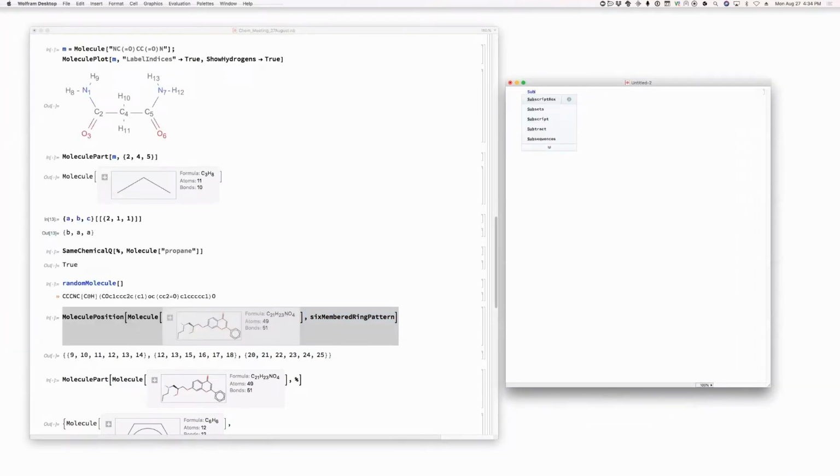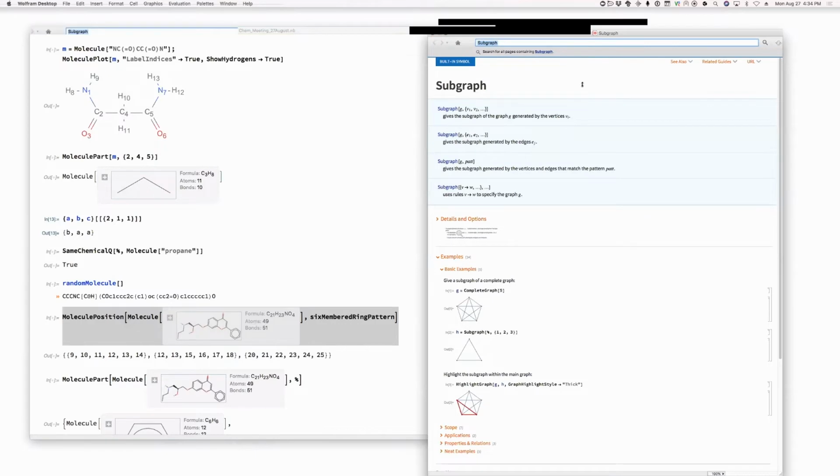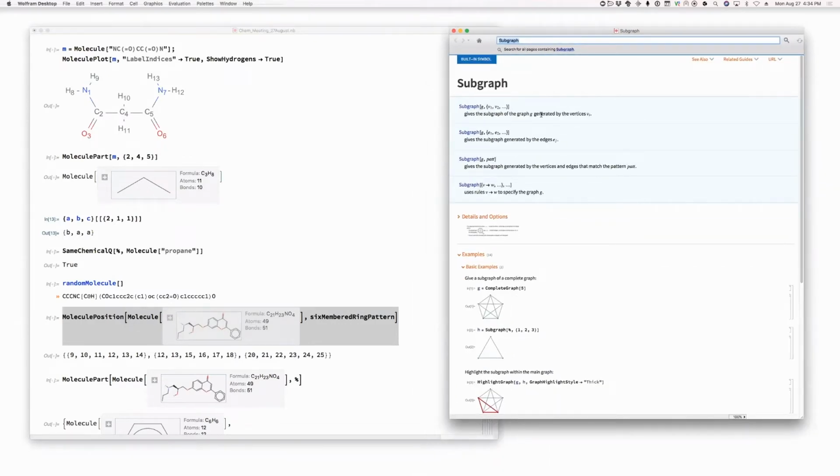I don't know yet. Okay, so there it's given a bunch of vertices, right? So that then returns the actual subgraph, right? With all of its connections.